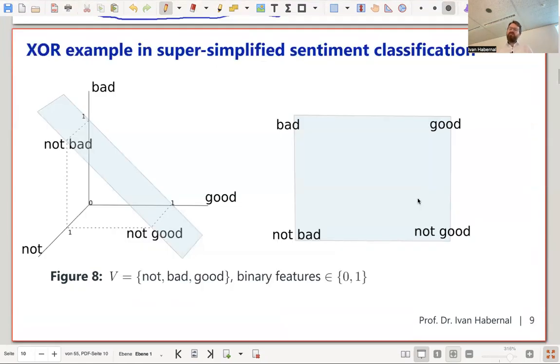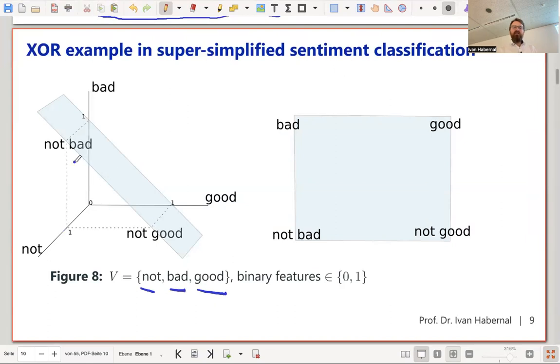So I'll try to come up with one example which is very simple, but maybe shows the thing. We have a vocabulary now of 3 words, which means our feature space has 3 dimensions. Our words are: not, bad, and good. Is it realistic? Could be. You can build this. Why not?